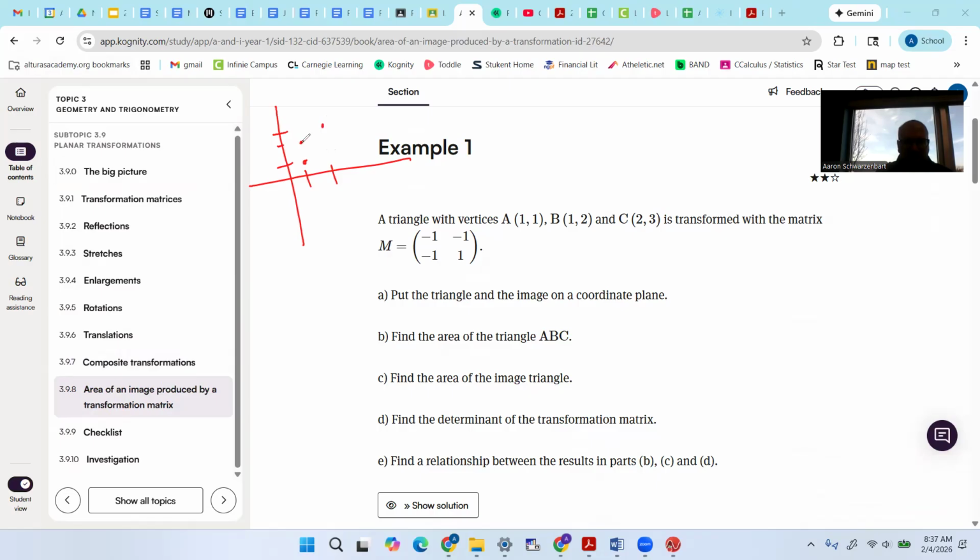So here's my triangle. It has a base of 1 and a height of 1. So this has an area of 1/2.